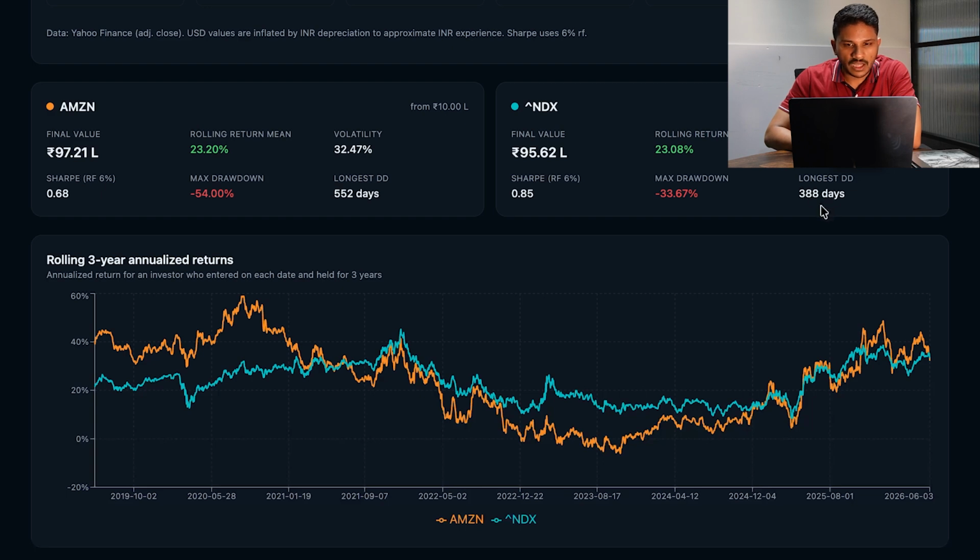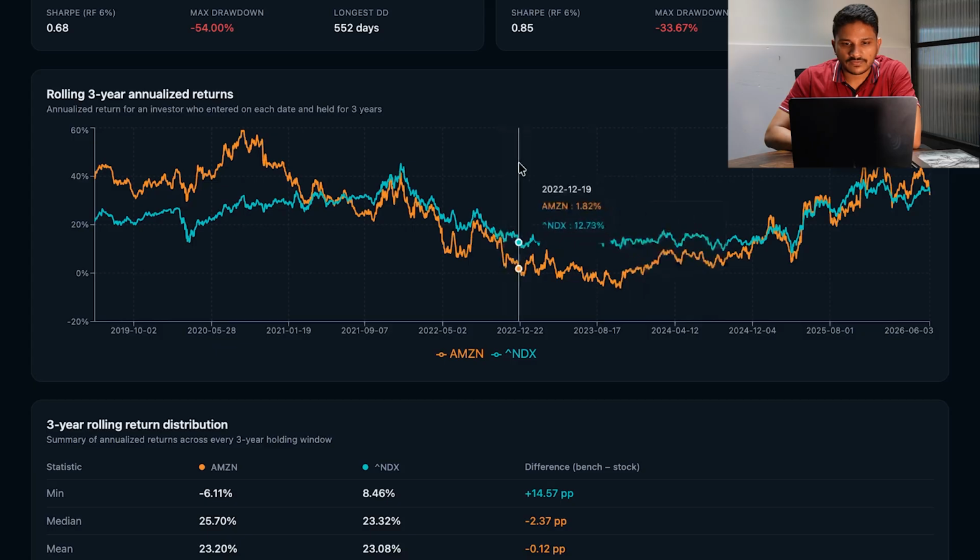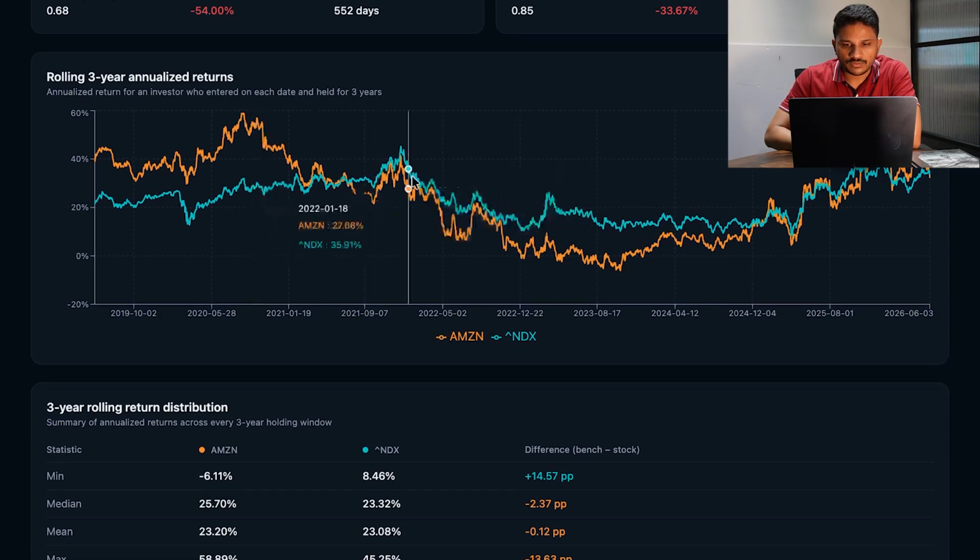So on a 3-year rolling return basis, you see the blue line, which is NASDAQ 100, seems to be mostly on top of the Amazon curve here, apart from the initial years when Amazon did pretty well, but you need to really time the entry and time the exit if you have to get great returns from a single stock like Amazon, right?